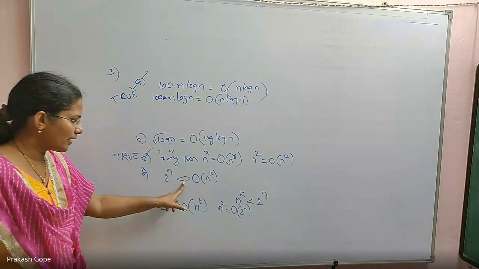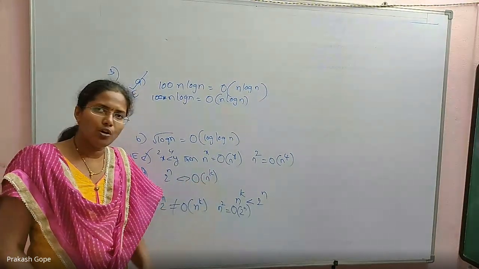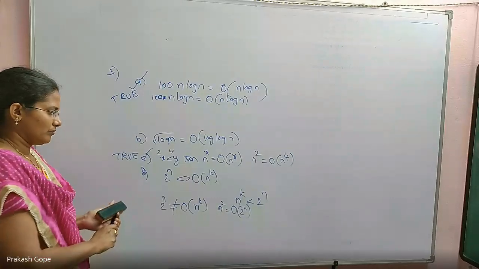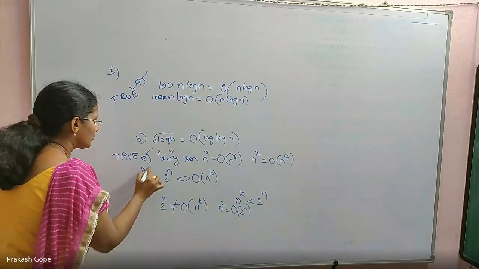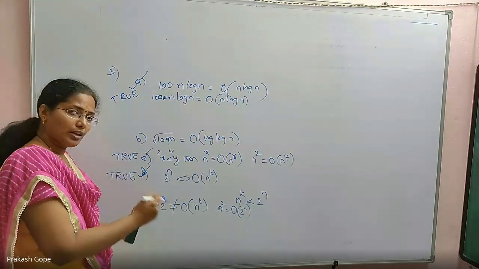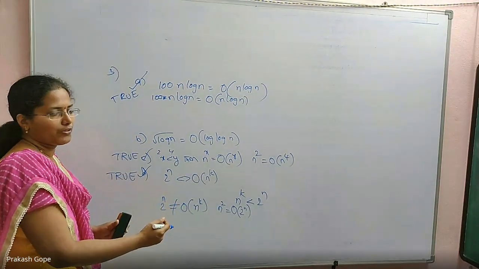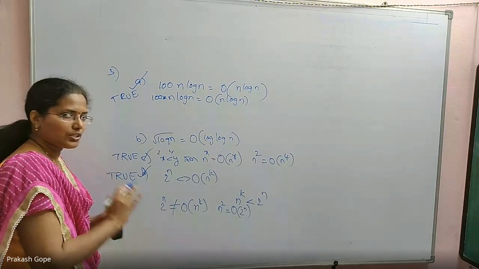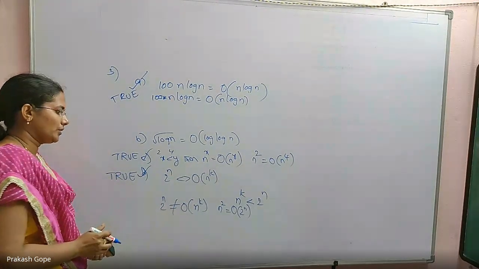And that is what he is saying: 2 power n is not equal to big O of n power k. That's a true statement.